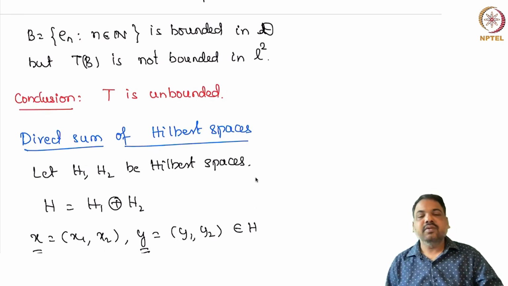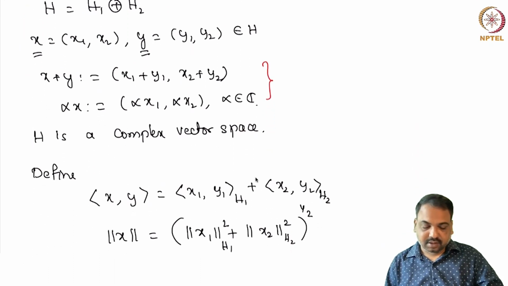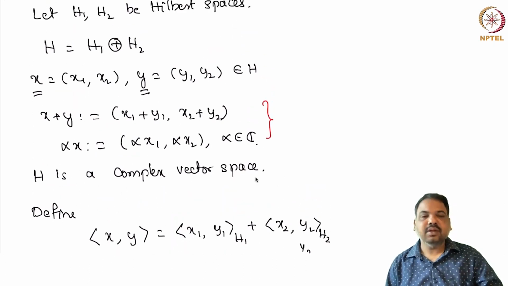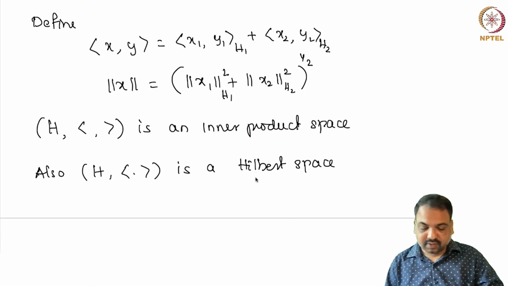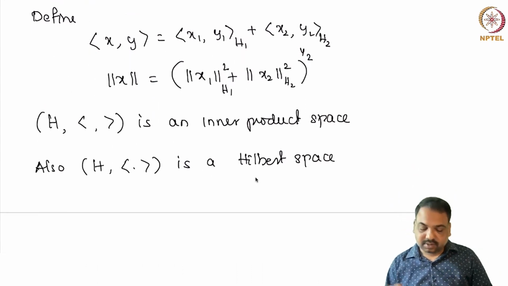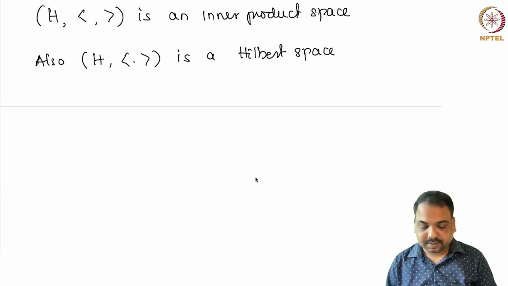But when we go for infinitely many Hilbert spaces, we have to put a condition that the summation of norm x_i squared is finite. This is similar to the definition of the L2 norm. So this in fact generalizes the definition of the L2 space.